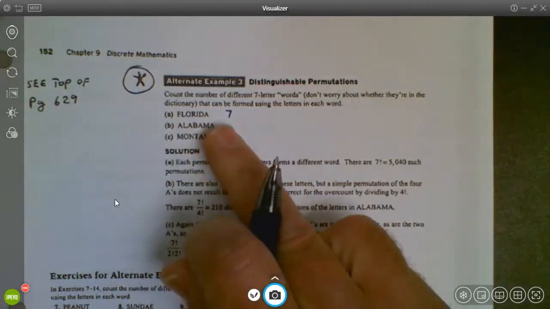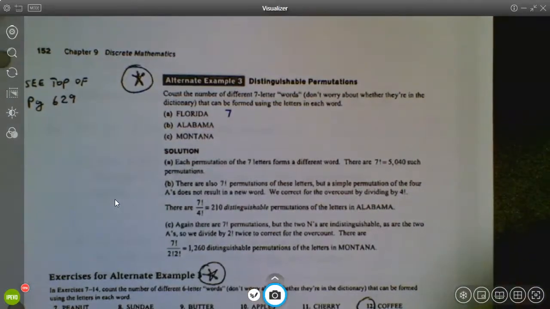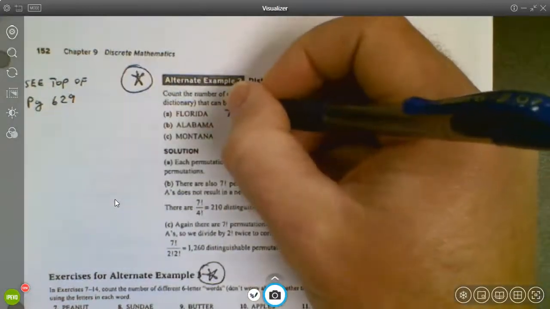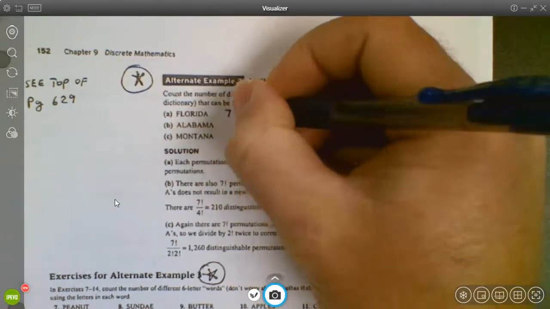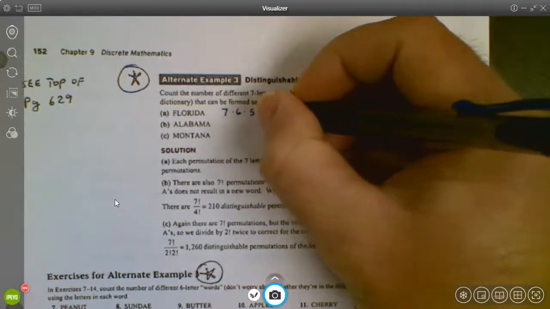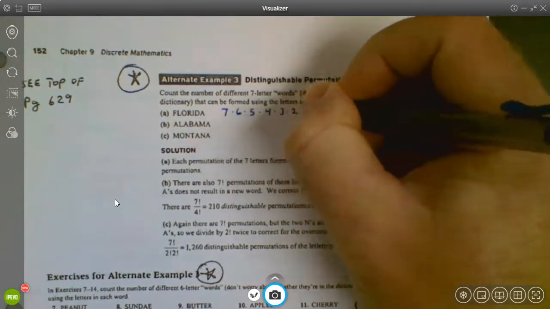I can't use the same letter I've already used, right? I want distinguishable permutations. I want things that are not repeated. I want different items getting used. So after I pick one, now there's only 6 left to choose from. And after I pick one of those, now there's only 5 left to choose from. And in this case, we're using all 7 of them to place in order.